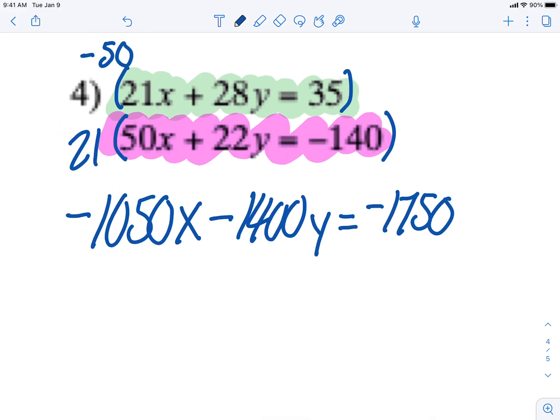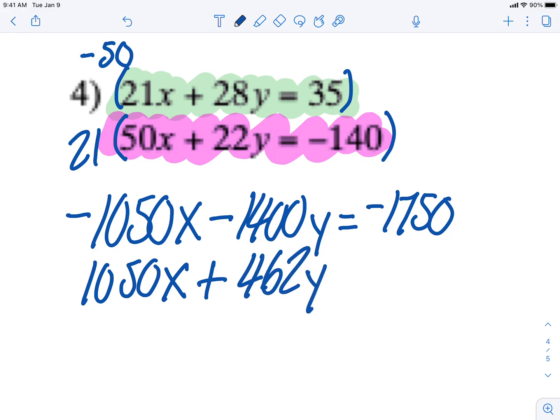Now, 21 times 50 is 1050x, right? Plus 21 times 22 gives me 462y, and 21 times 140 gives me negative 2940. Like that.